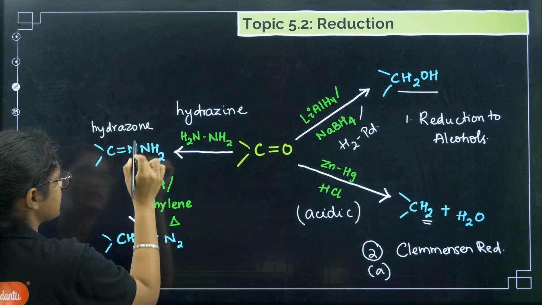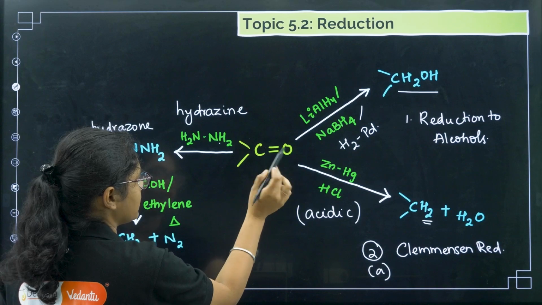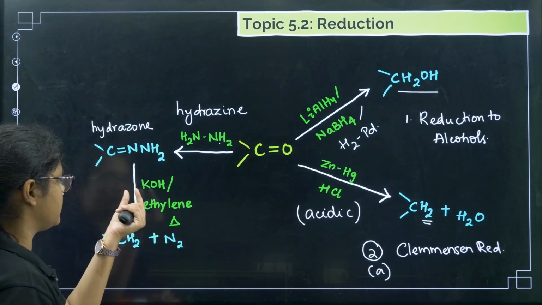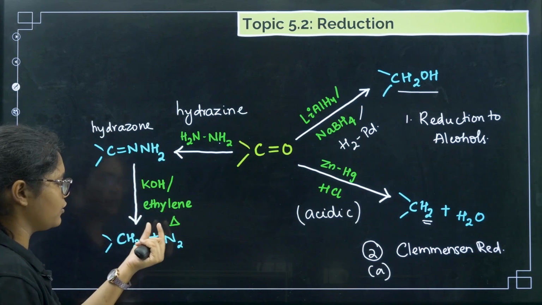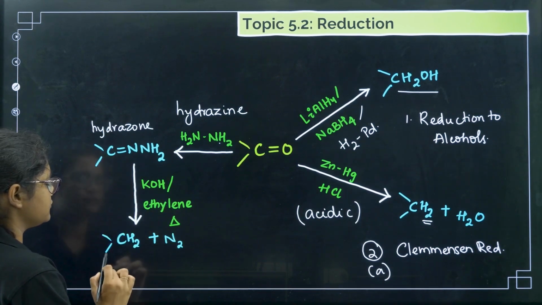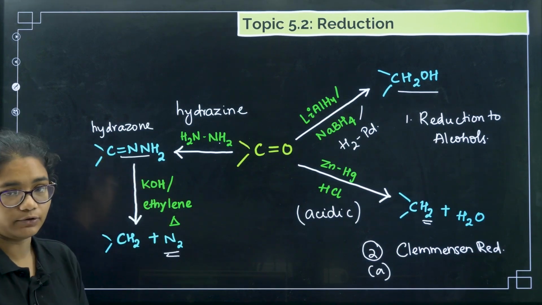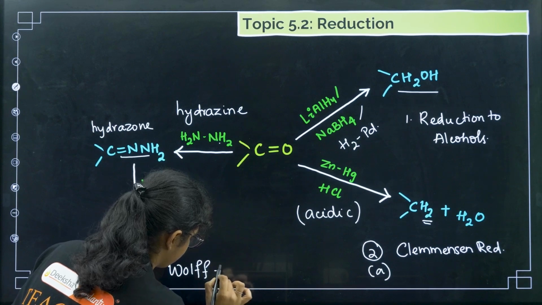This happens by simple addition of ammonia and its derivative, so H2 and O are removed to get N and NH2. After that, if you treat it with a basic medium, KOH and ethylene glycol, and heat it, this part gets converted to CH2 with a byproduct of N2. This reaction is called the Wolff-Kishner reduction.